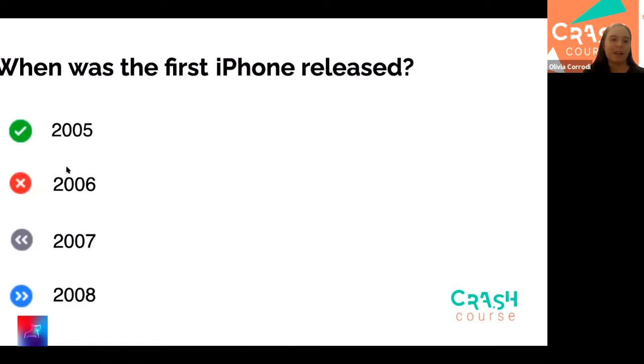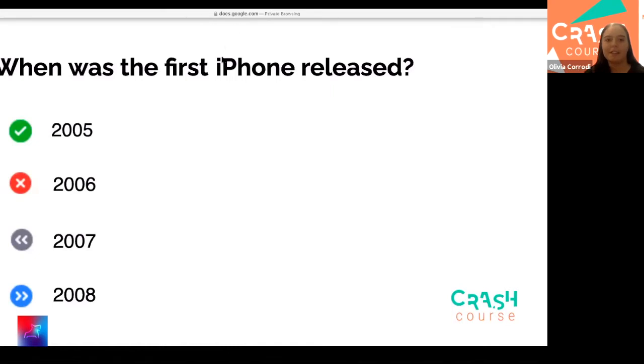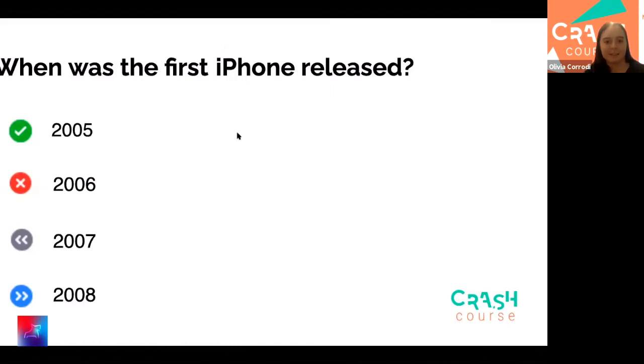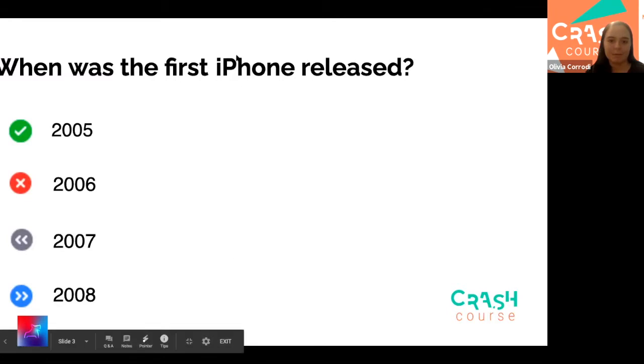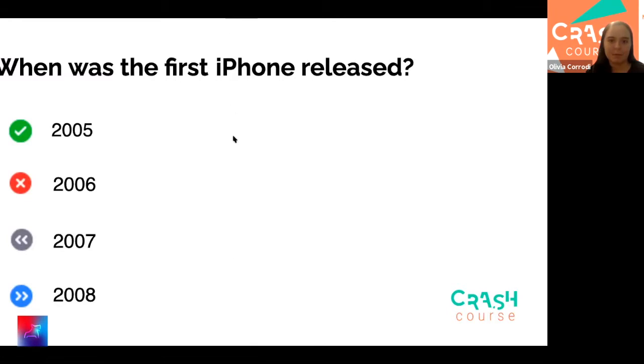Yes for 2005, no for 2006, go slower for 2007, or go faster for 2008. Okay, it looks like most people are saying go slower, so 2007. And that is correct. Nice job, guys.